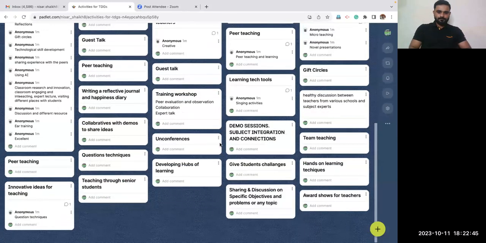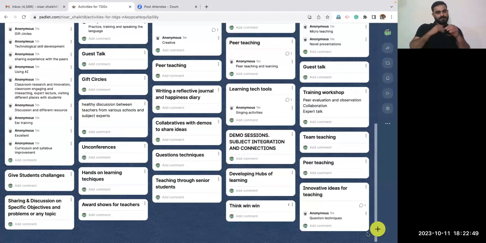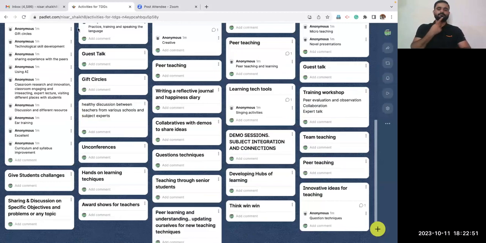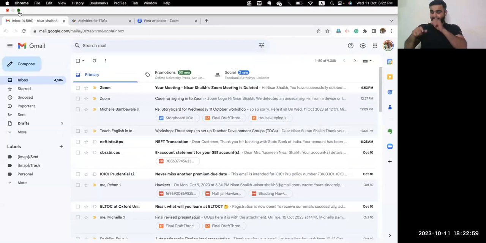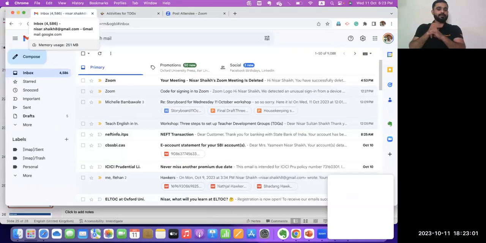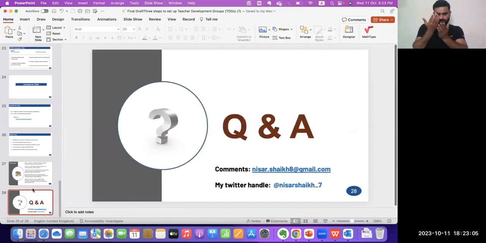One question I had, Nisar: in my school, even if I want to start a teacher development group, there are two problems. One is my time, and the other is the institutional admin support. Do you have any suggestions on how we can manage it?